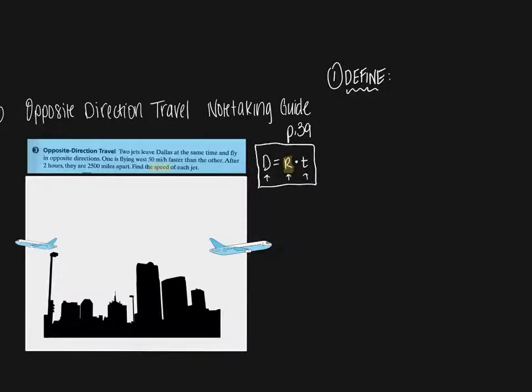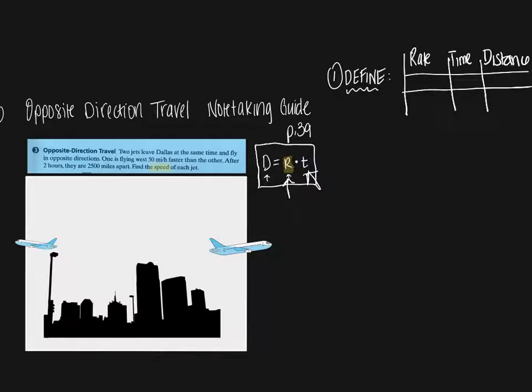So I have my distance traveled, and I have time, and I'm hoping to find rate. But remember that for each of these items, I have two separate sets of information because I have two different planes.